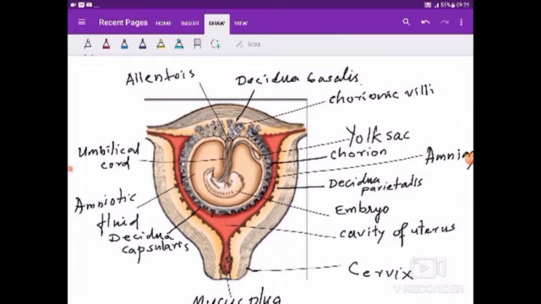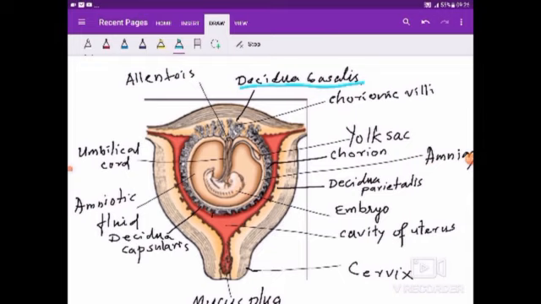Now we see here that the endometrium in a pregnant woman, the endometrium which is in between the myometrium and the placenta, that region is called decidua basalis.